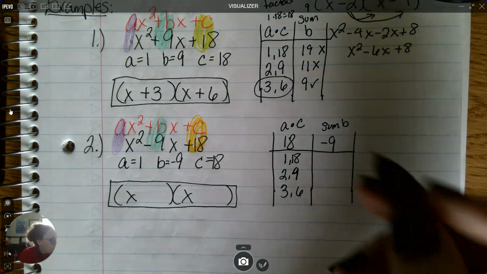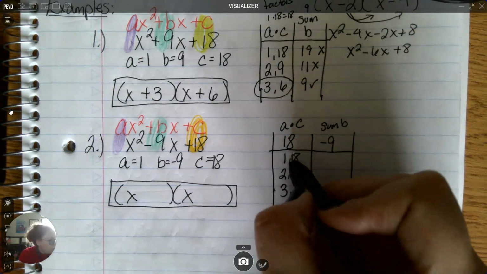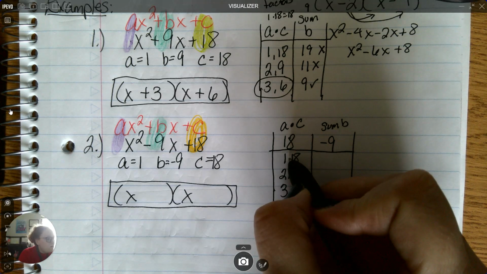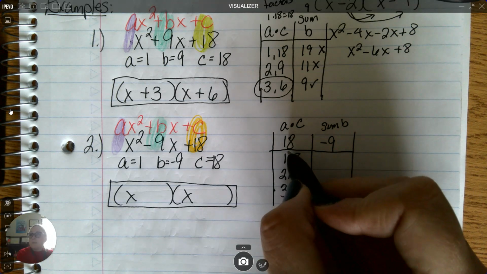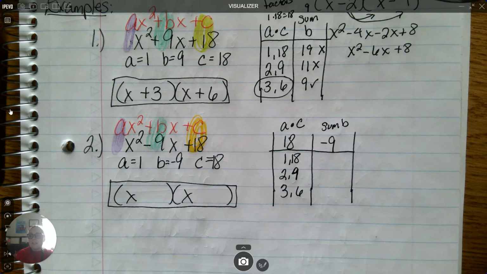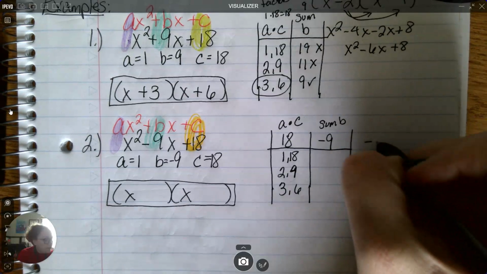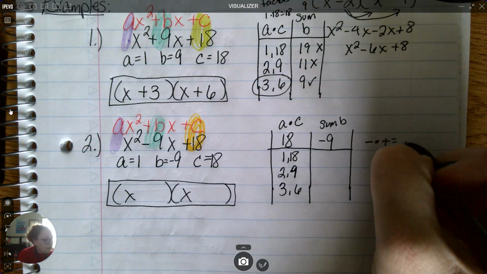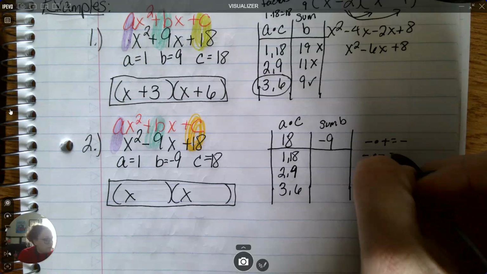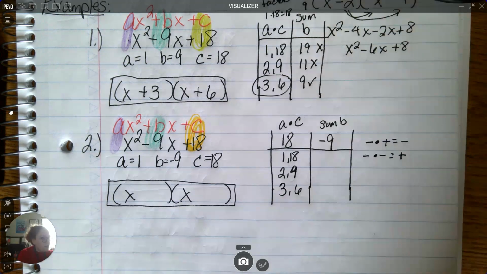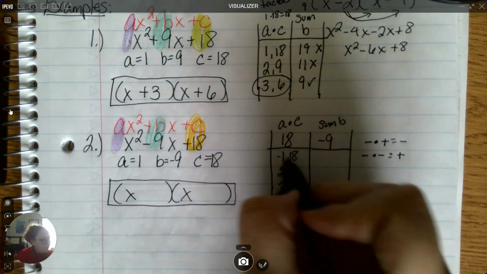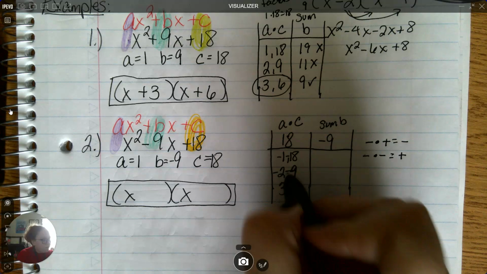But look, my product needs to be a positive 18. So if we remember our integer rules for multiplying, a negative times a positive is a negative, and a negative times a negative is a positive. So that tells me both of these need to be negative.